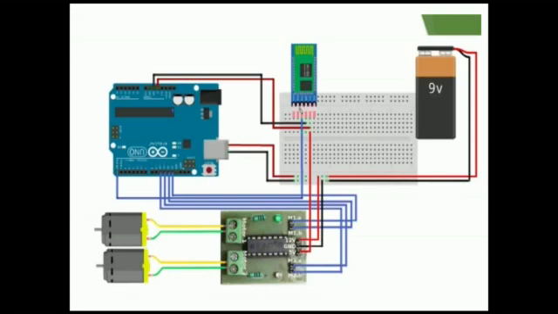The ground pin is connected with the ground pin of the Arduino, and VCC is connected with the VCC pin of the Arduino.